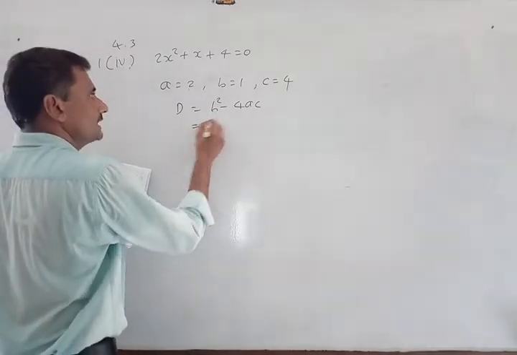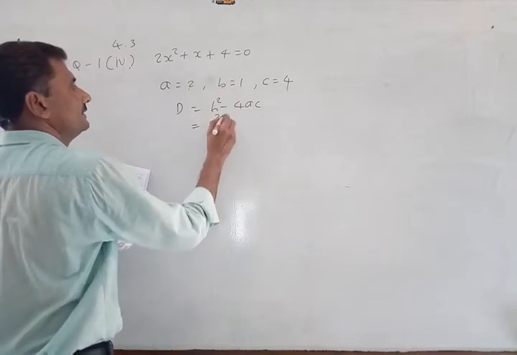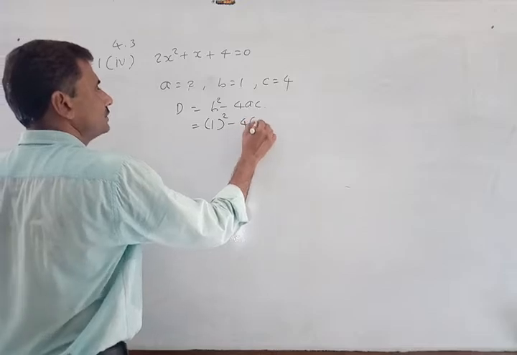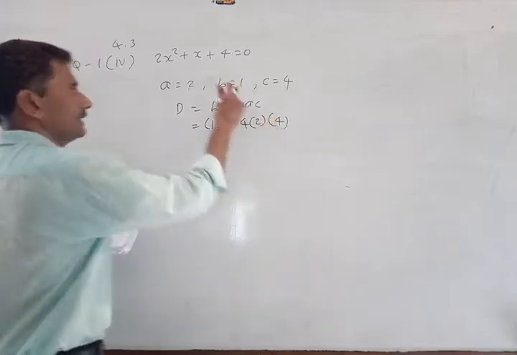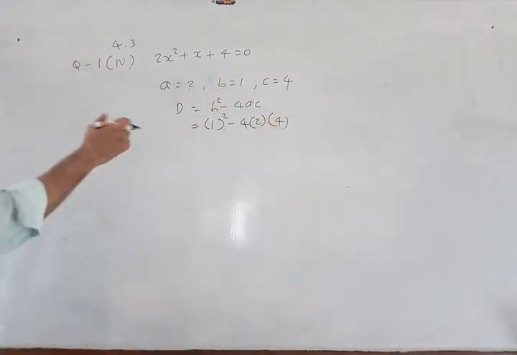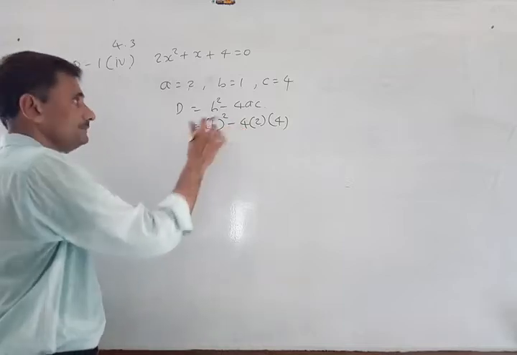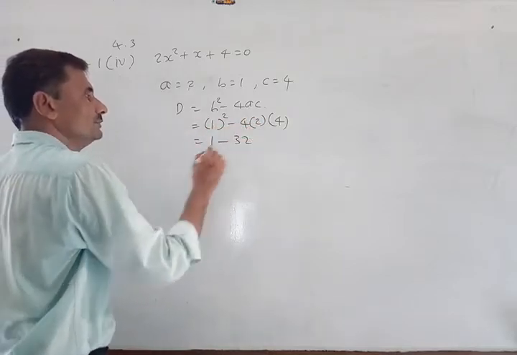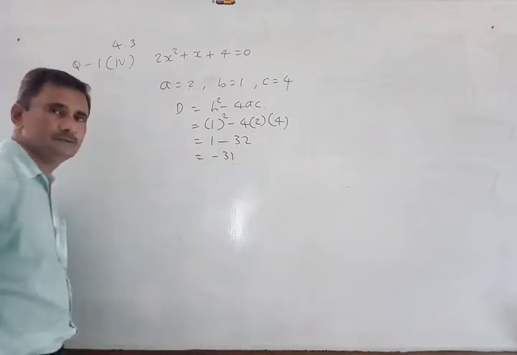Now place all values: 1 square minus 4, 2 into 4. The values of a, b, c are placed in brackets. So 1 minus 4 2s are 8, 4 8s are 32, minus 31.